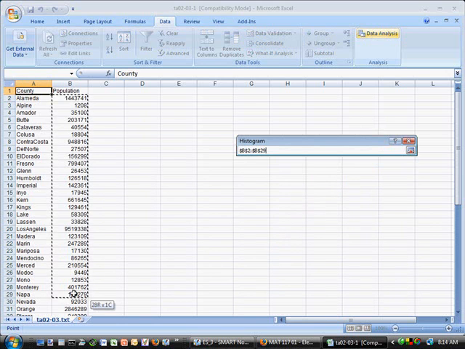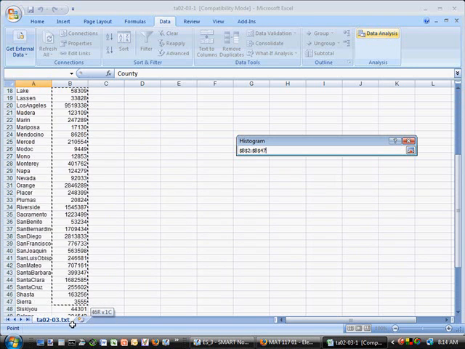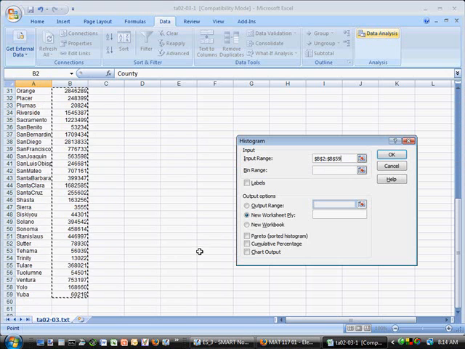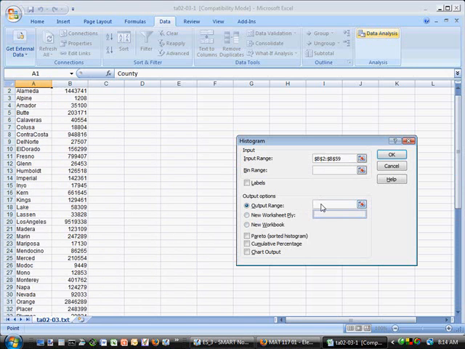I'm trying to think if we can get the labels in here automatically. Oh well. They're in alphabetical order, I guess, so for right now I'm not going to worry about that. Let's say output range, and put it off to the right. You can also do the new worksheet option, like we were just talking about.